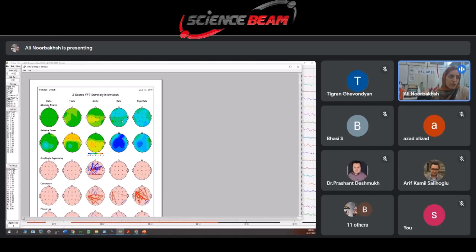Beta and high beta are high frequency, a fast wave. But theta and delta are slow waves. In this map, you can see an increase in slow waves and a decrease in high waves, for example, decrease in high frequency such as beta and high beta.